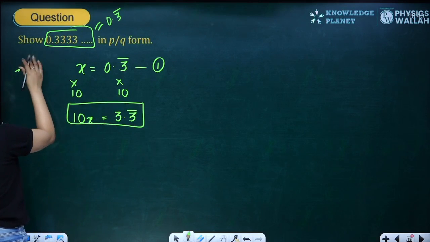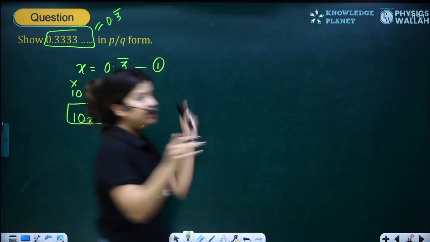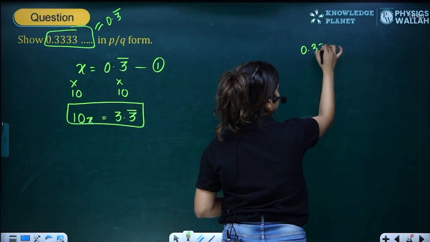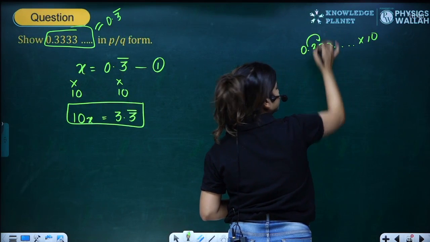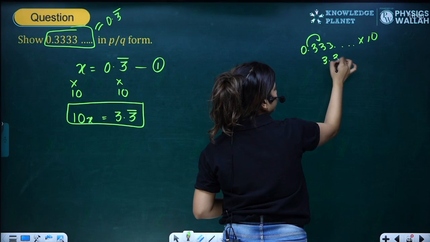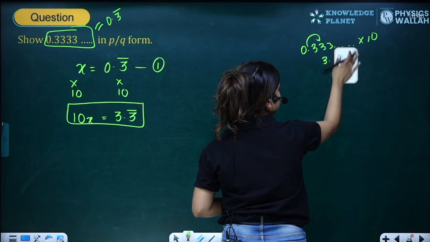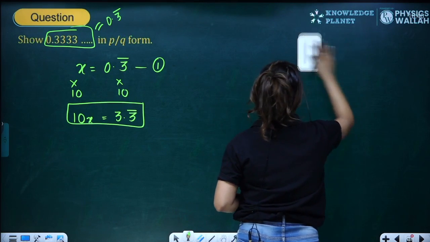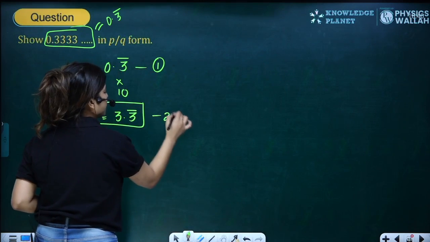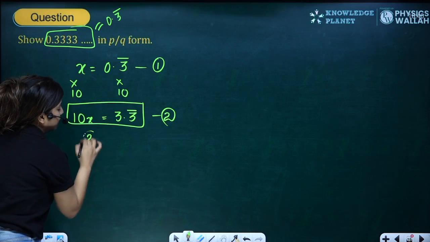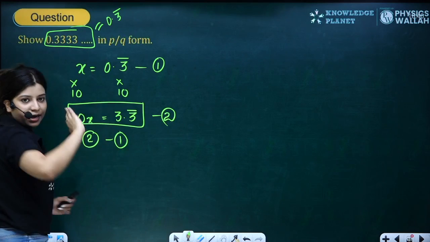When we multiply any number, this is actually 0.3333 and so on. Multiplying it by 10 will shift the decimal by one place. So this will become 3.333 and I can write this as 3.3 bar.